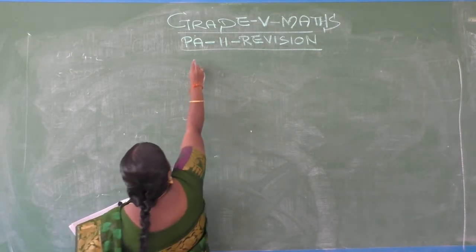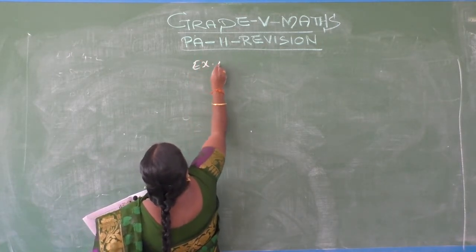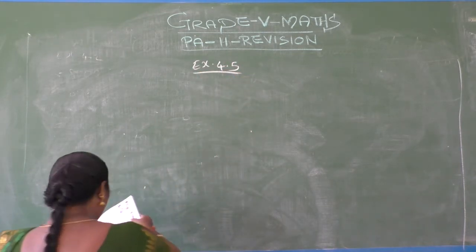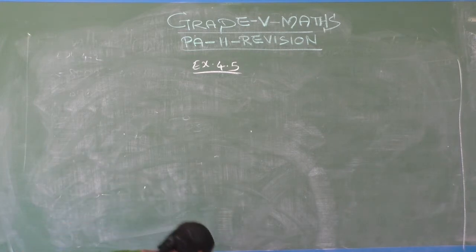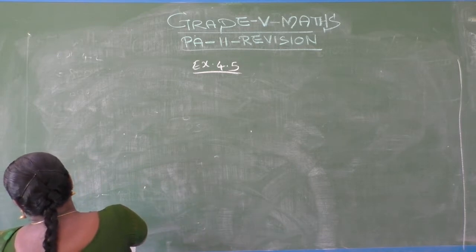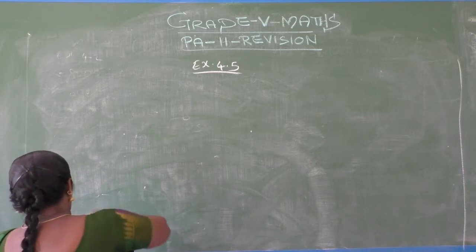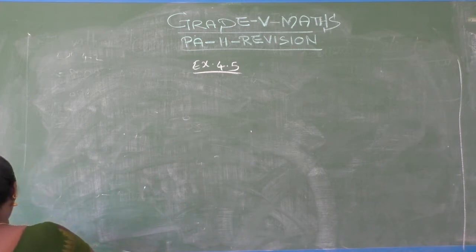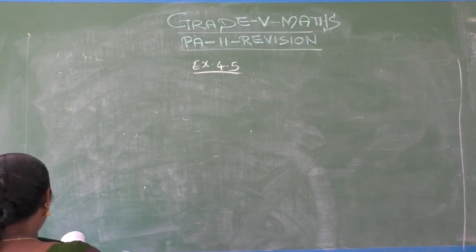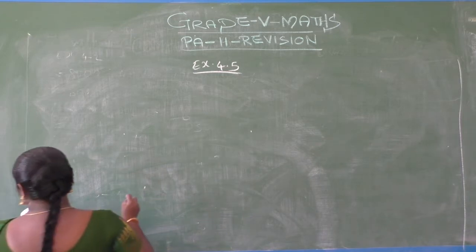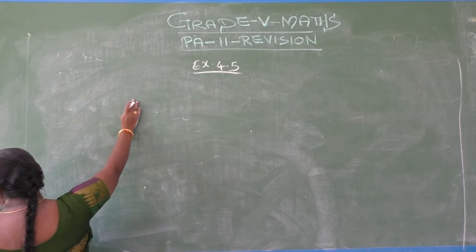Exercise 4.5, finding average. How do you find the average? See, the average value of a number of quantities of the same kind is the sum divided by the number of quantities.